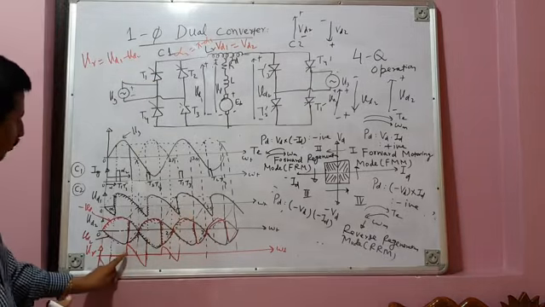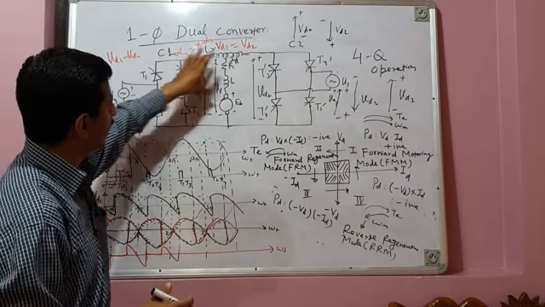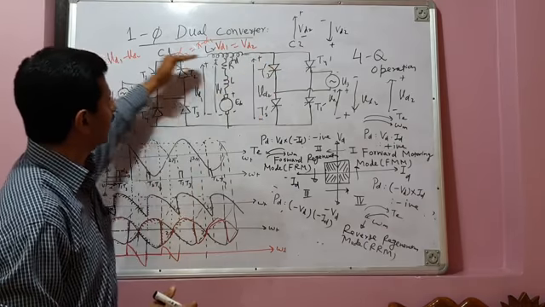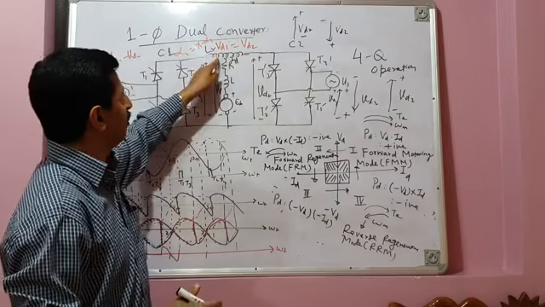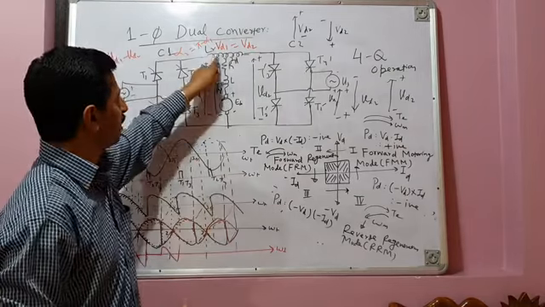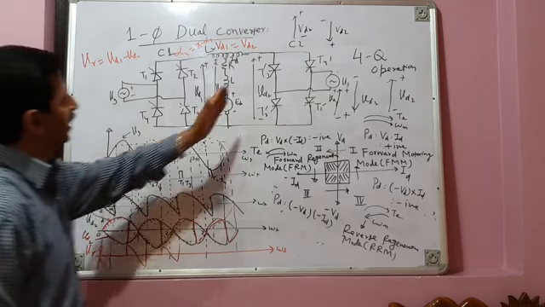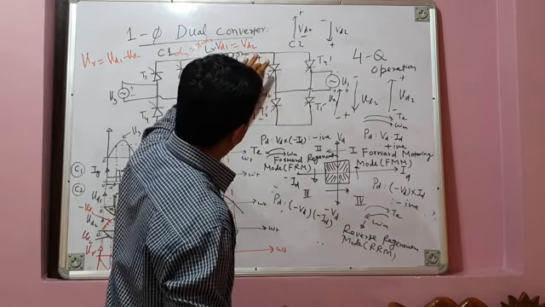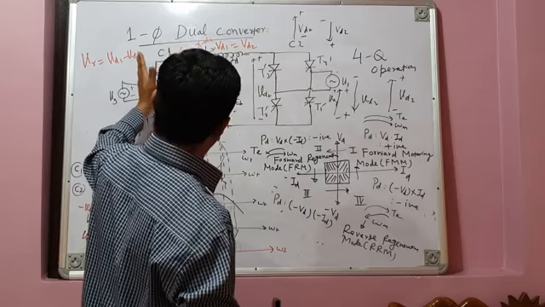So during this period, the instantaneous value of this voltage is greater than the instantaneous value of this voltage. There will still be circulating current flowing from converter C1 to C2, but its magnitude will be very safe. It will be very, very small because of this inductor. Similarly, during this negative segment of voltage, the instantaneous value of VD2 is greater than the instantaneous value of VD1. There will be circulating current between the two converters.